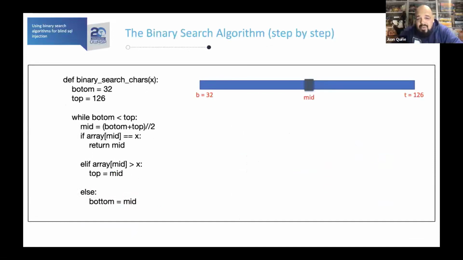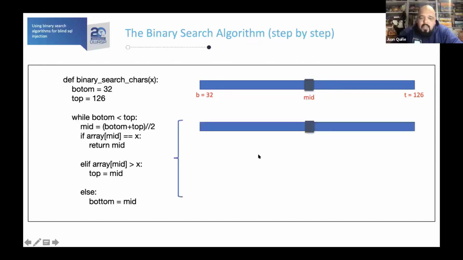What do I do in the binary search? This is the algorithm step by step. I have the bottom of the characters I'm going to ask, the top one, 126, and there is a middle. I have three options.